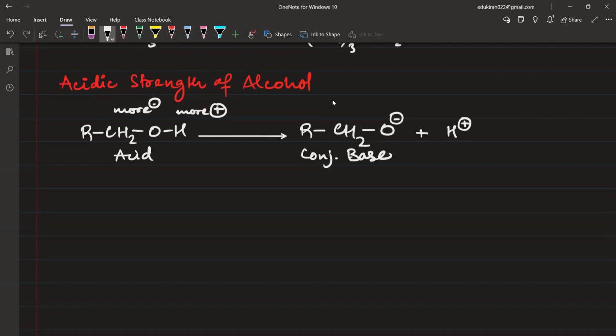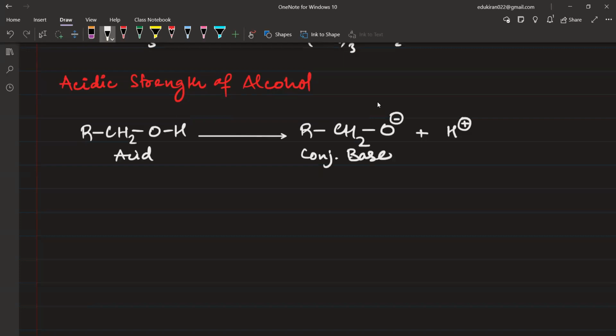So it depends on the polarity of the OH bond. Why am I saying more positive on hydrogen? As oxygen is more electronegative, it will pull the electrons from the hydrogen atom, making oxygen delta negative and hydrogen delta positive. The greater the partial positive and partial negative charge, the greater the polarity and the easier it is to break this bond. Okay, one thing is that.